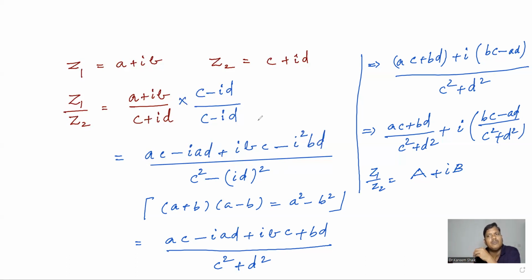And we learned what is meant by the conjugate of a complex number. The conjugate is nothing but changing the sign of the imaginary part. If Z is a complex number a plus iota b, then its conjugate is denoted by Z bar. It is a minus iota b.